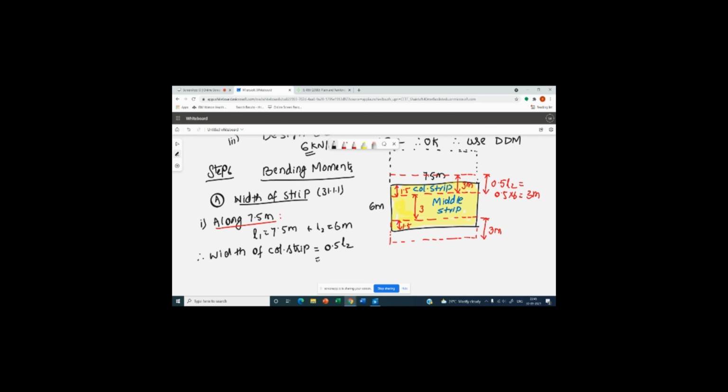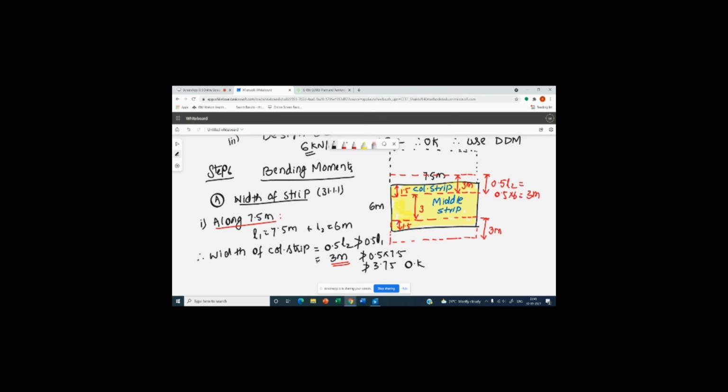That becomes 3 meters. So let us highlight this. Then the condition is also there. It shall not be more than 0.5 times L1. So 0.5 times 7.5 will be coming 3.75. So it's okay. The width of column strip is okay.